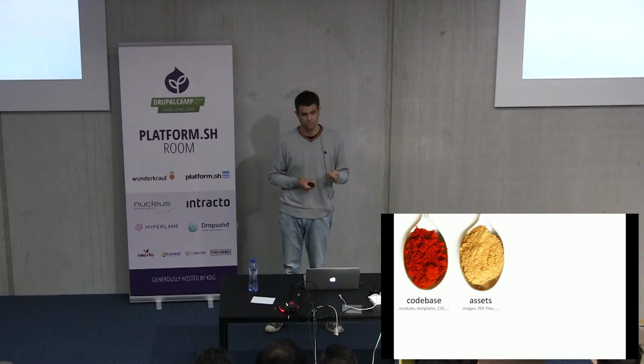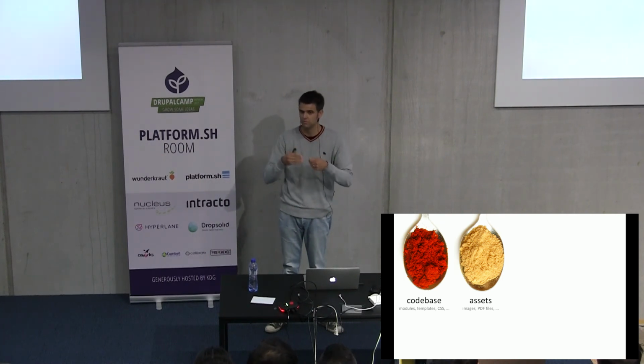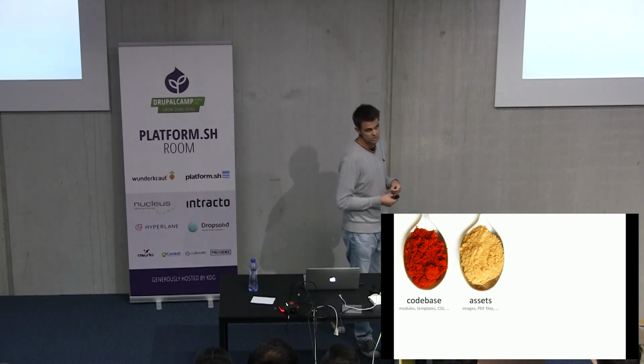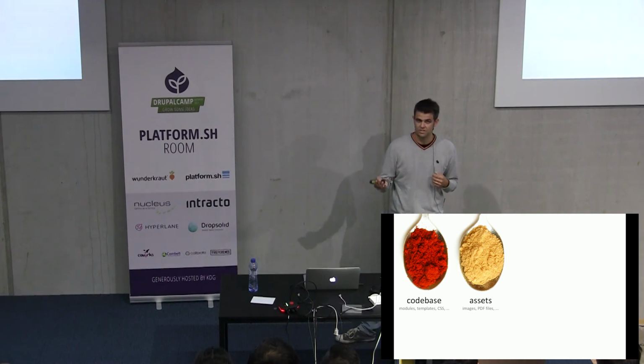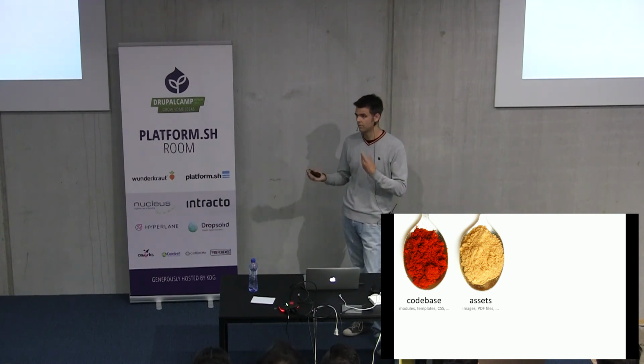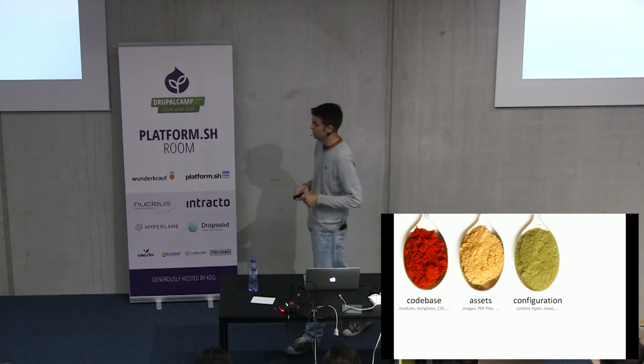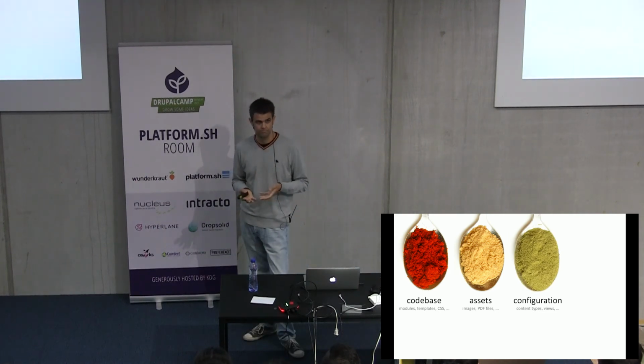The second part is the assets you have on your website. That means assets downloadable by your visitors, streamed directly to the browser from the disk. That involves PDF attachments, images, maybe videos if you do not put them on YouTube, aggregated CSS files. All these things are considered assets. The third element is your configuration. That's actually what you're doing when you're building a website.